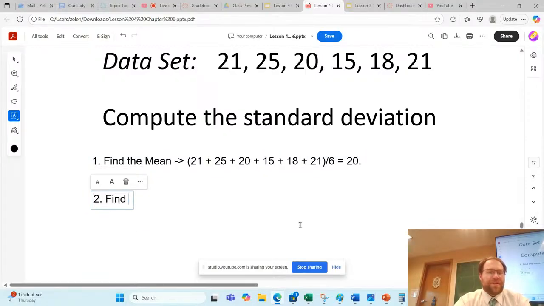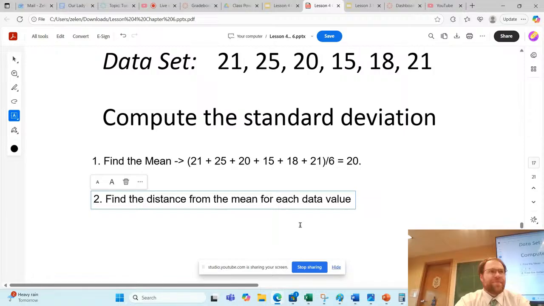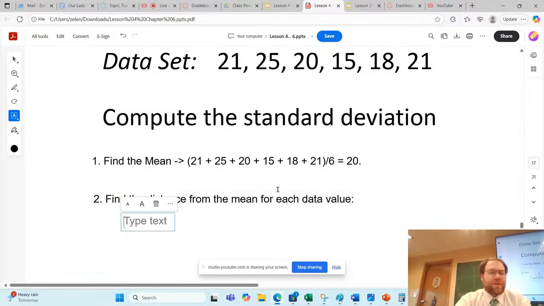Next step is to find the distance from the mean for each data value. Do you have to go in order?